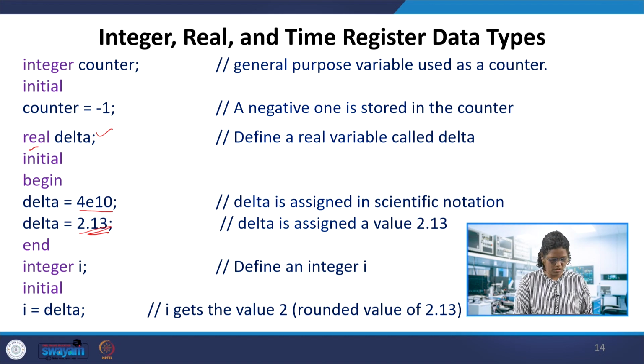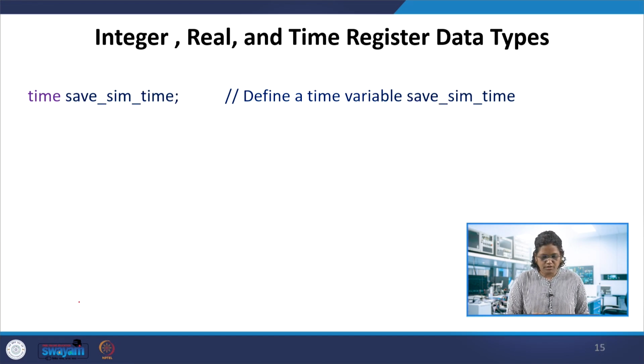Because I is an integer, it won't take 2.13; I will be 2 only, the rounded value 2 would be assigned. Even though delta is defined as real, the integer I can take only the integer part of it.